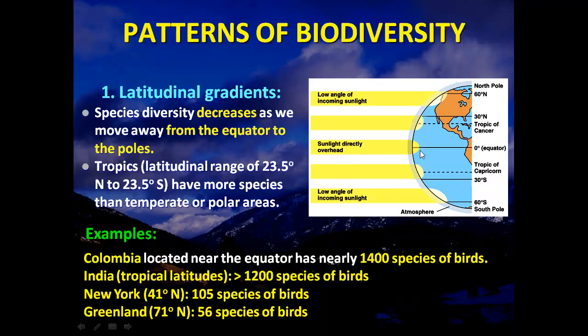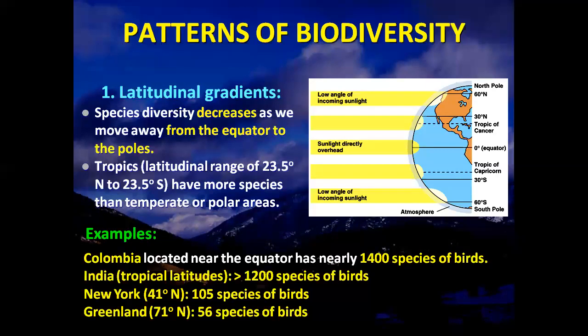Simple logic here: when we go from the equator towards the pole, definitely the diversity of the species is going to decrease. The tropics, with latitudinal range 23.5 N to 23.5 S degrees, shown in the dotted lines, you'll find a huge number of species here. This is a more productive area to get questions.